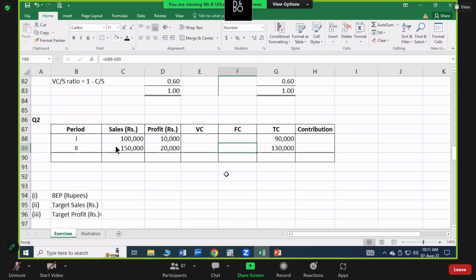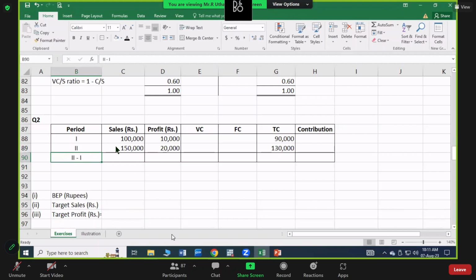So that's why you want to apply the cost volume profit theoretical knowledge. What can you do? You want to deduct period one data from period two. The variable cost would vary over a period, but the fixed cost would remain.